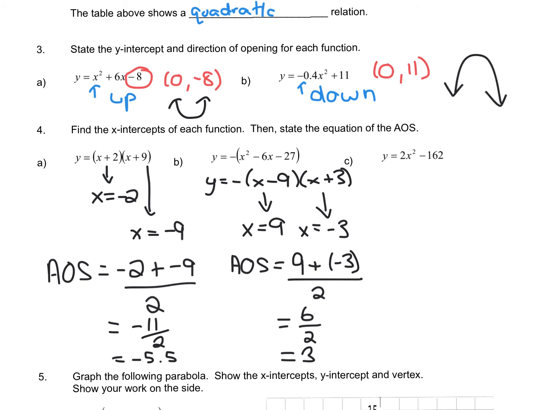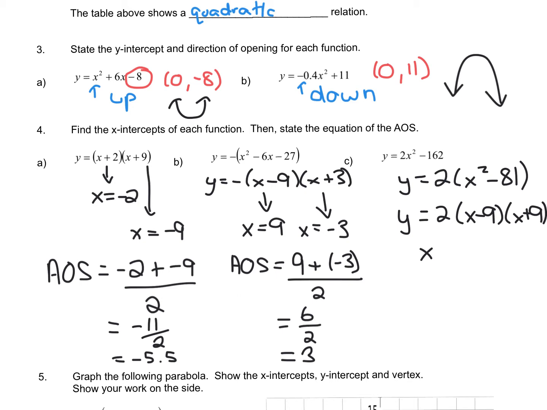The last one was simple trinomial factoring. This one, you would start with common factoring. So I can take out the 2 first. I'll be left with x squared minus 81. Then I would use difference of squares in this situation. So it'd be (x - 9)(x + 9).